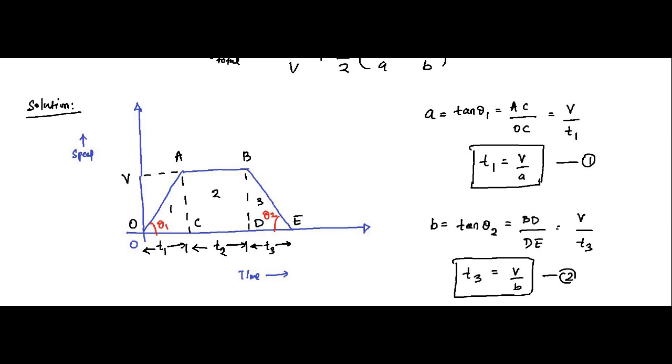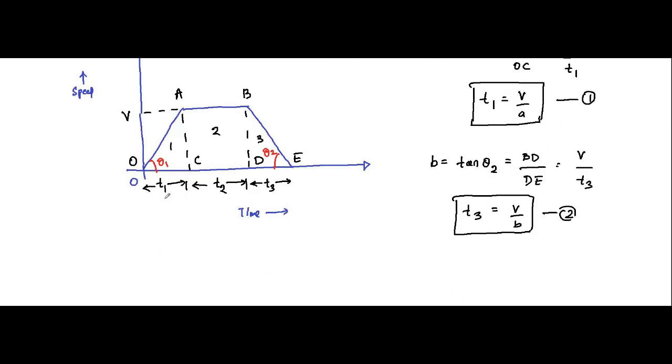Next, if we take this whole thing, the total distance, it is the area of this trapezium OABE, the whole thing, which we have divided into two triangular parts, OAC, the rectangle ABCD, and the second triangle BDE.